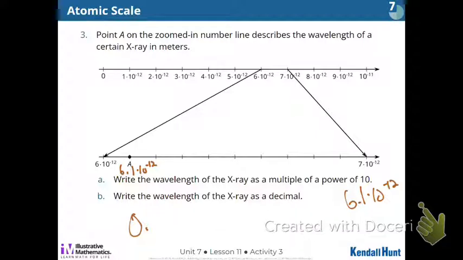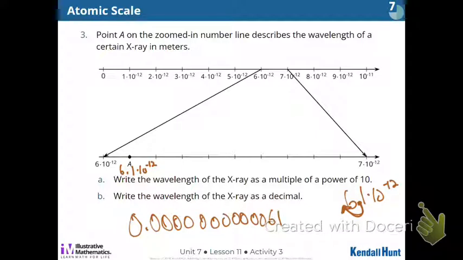Negative 12. Well, if I move it, I'm going to put it once to put it right there. Then how many more moves? No, I already moved it once to get in front of the 6. So 11. 1, 2, 3, 4, 5, 6, 7, 8, 9, 10, 11, 6, 1.